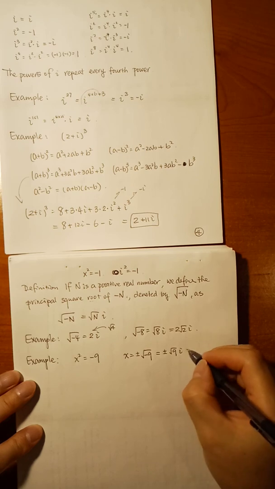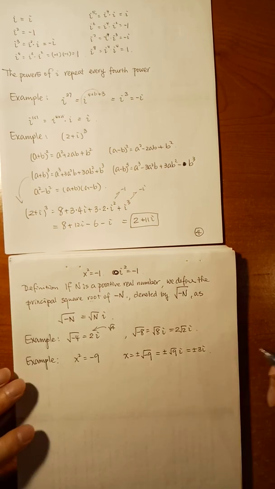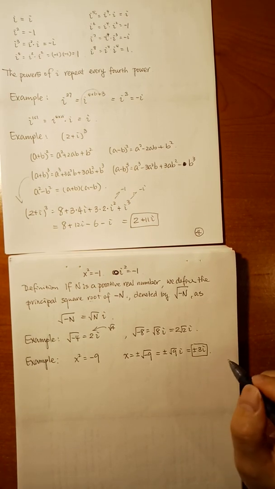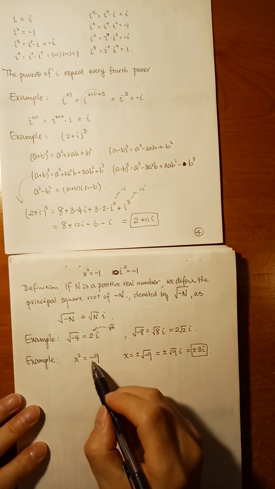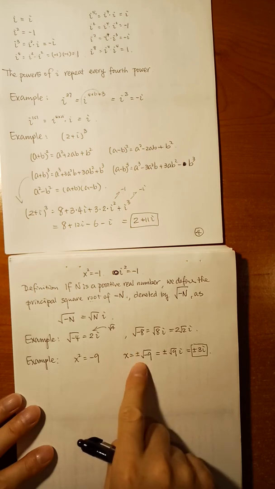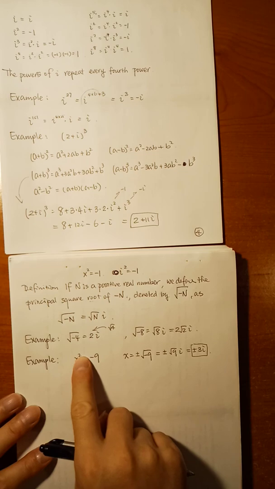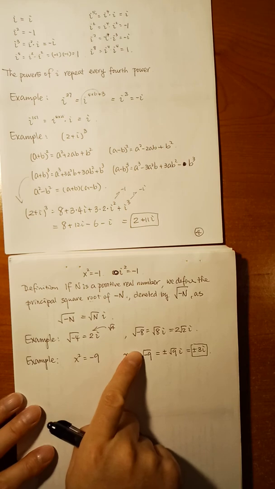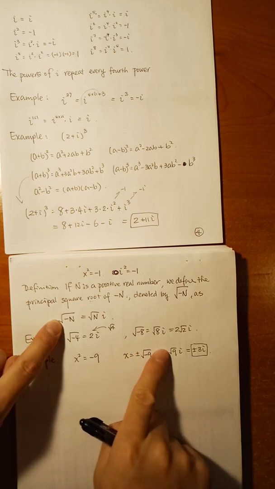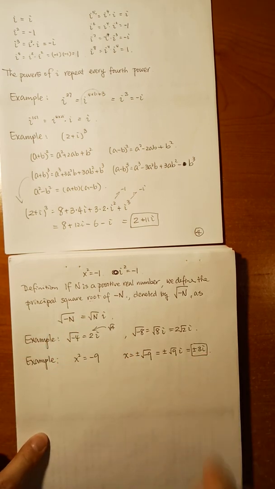The square root of 9 is 3, so it's plus or minus 3i. This is the solution, and it has 2 solutions. Again, to solve it, we first find the principal square root, and then we put the plus or minus sign, because the square operation kills the sign. To simplify, the square root of negative 9 is the square root of 9 times i, and the square root of 9 is 3. So that's it.